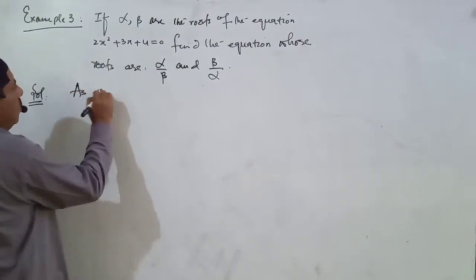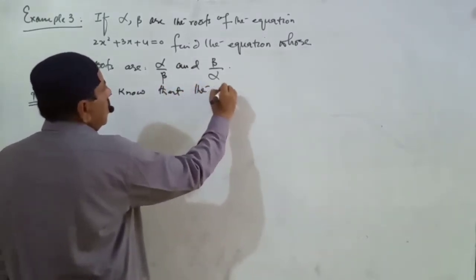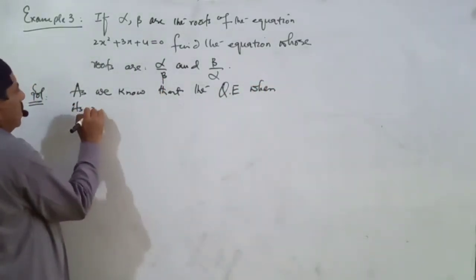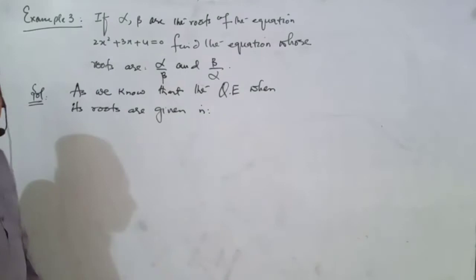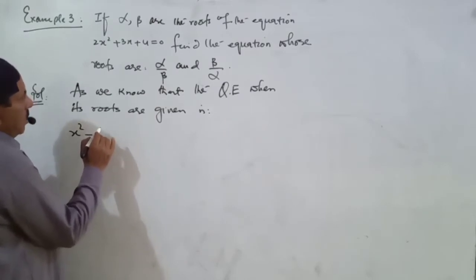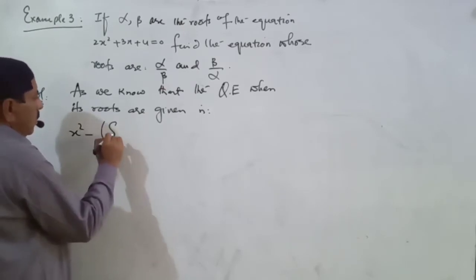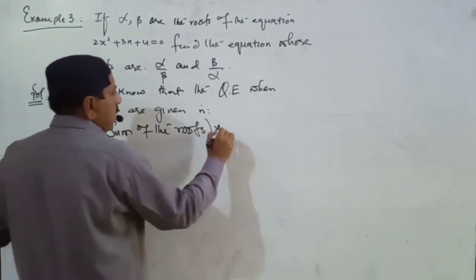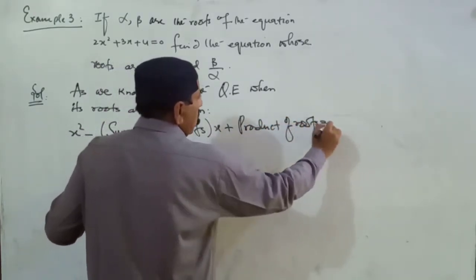So as we know, the quadratic equation when its roots are given is what? x square minus sum of the roots x plus product of roots is equal to 0.